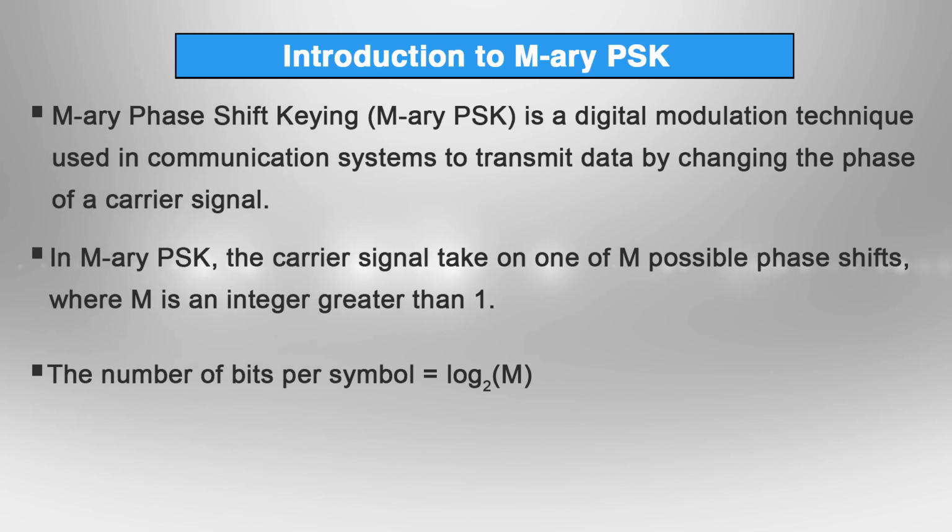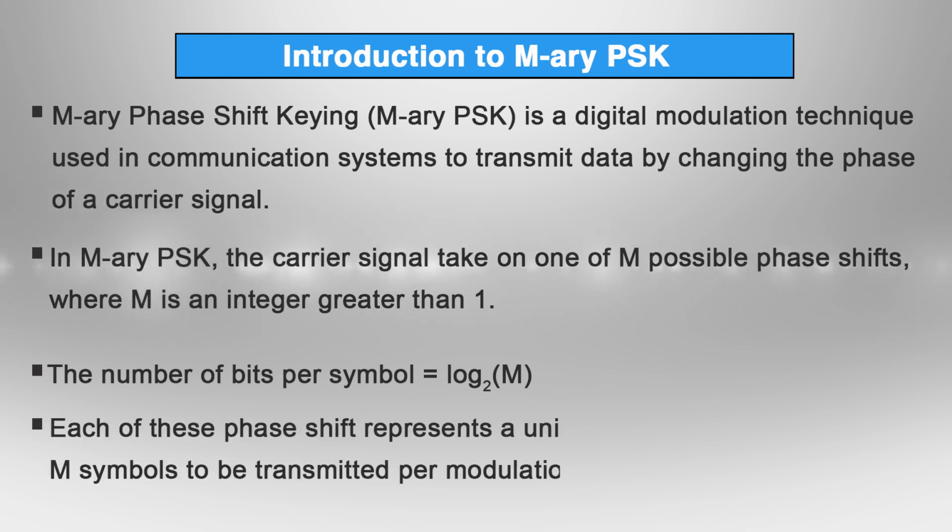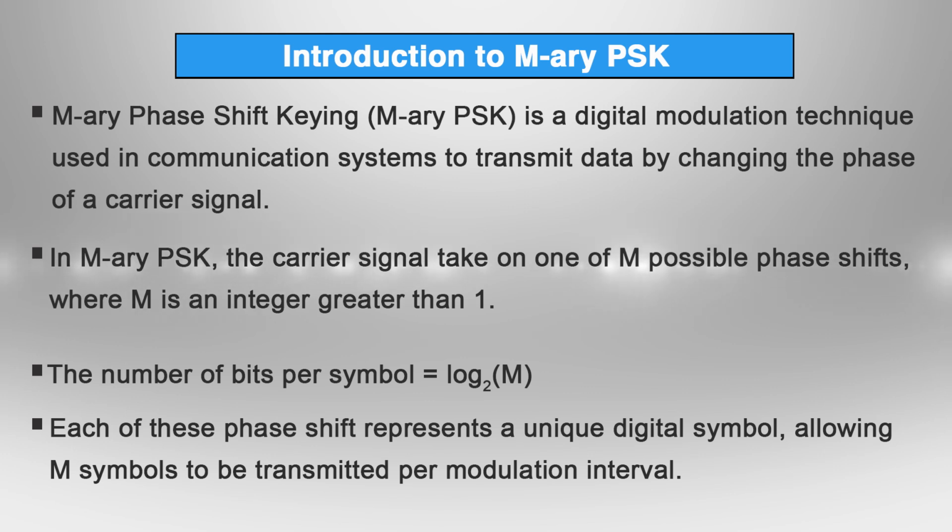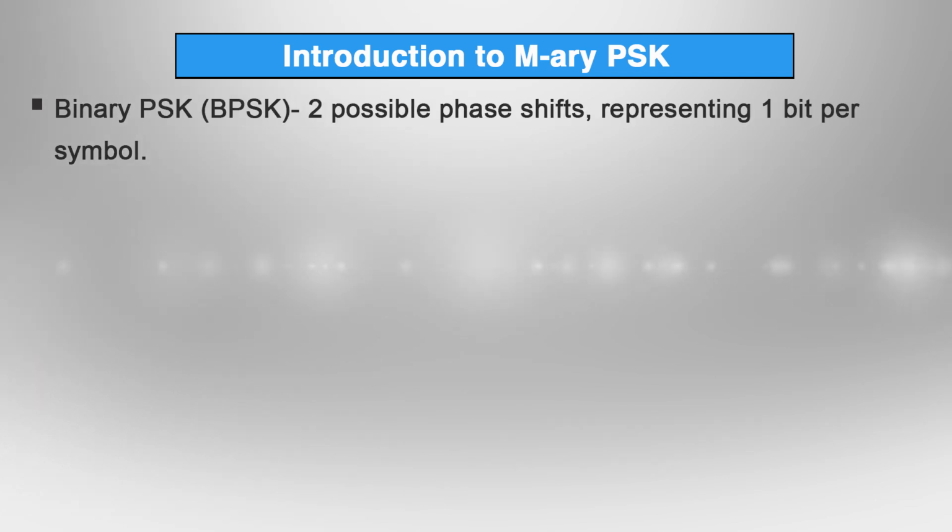The relation between the number of bits per symbol, n, and M is n = log base 2 of M. Each of these carrier phase shifts represents a unique digital symbol, which allows M symbols to be transmitted per modulation interval.